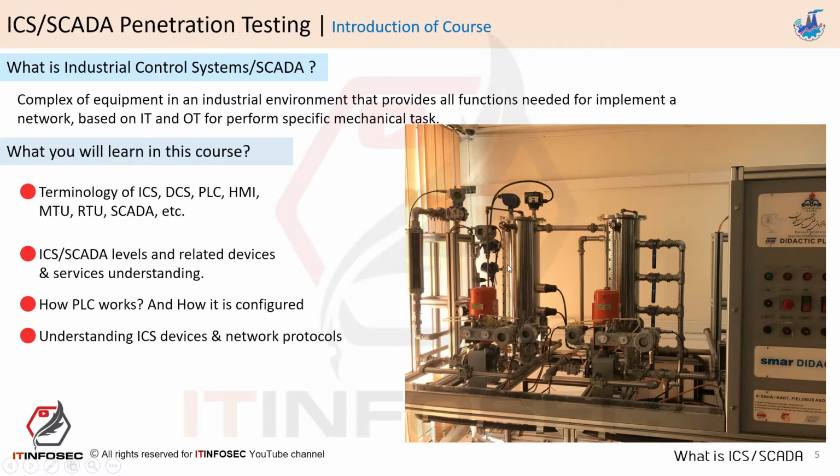I will describe all the items in oil, electrical, and many other industrial networks. We will understand ICS devices, for example sensors and actuators, and many other items, as well as the network protocols used for transferring industrial data between all devices.